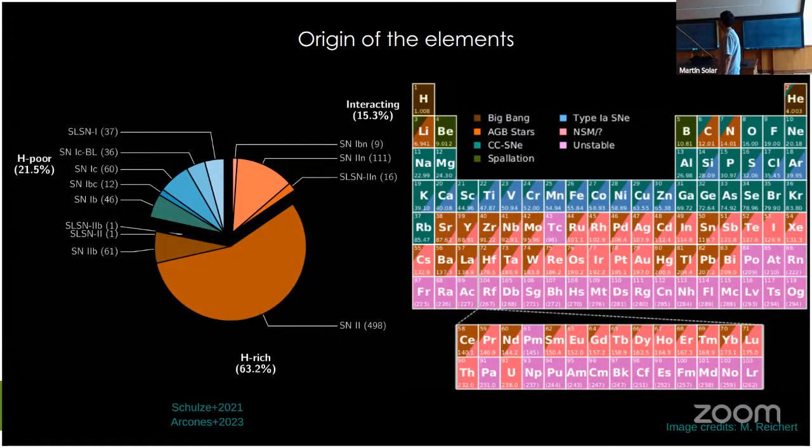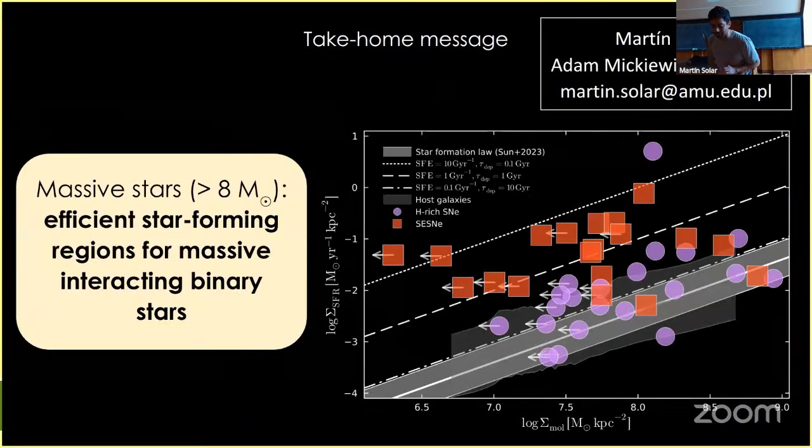Here we have the core-collapse supernova ratio for the local universe, and we see that one fifth, 20% of all core-collapse supernovae are hydrogen poor. That's another way to call stripped envelope supernovae. So this is my final slide.